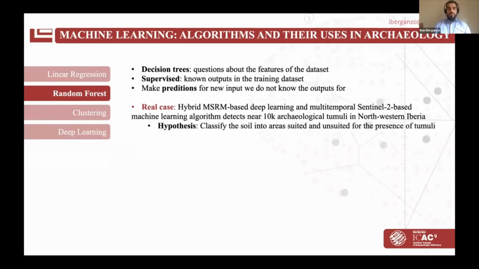The hypothesis of using the random forest is that we want to classify the soil into areas suited or unsuited for the presence of tumuli. And for the dataset we use more or less 4,000 sampling points with Sentinel-2 bands.